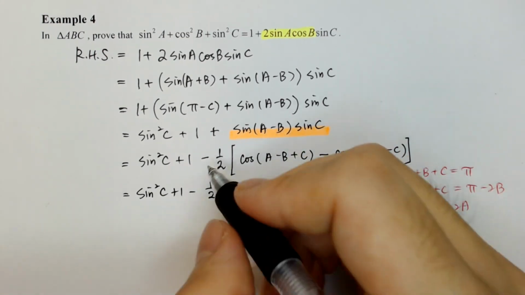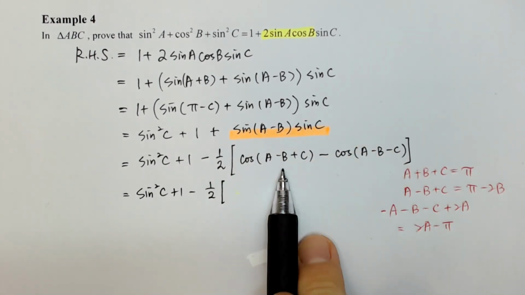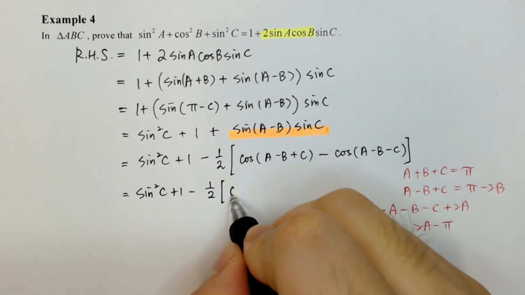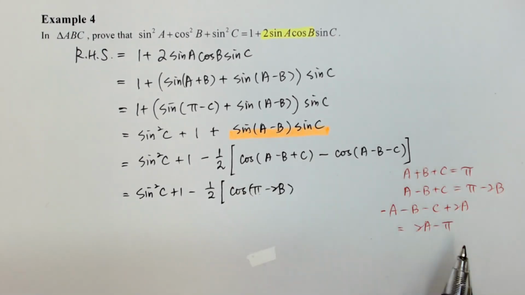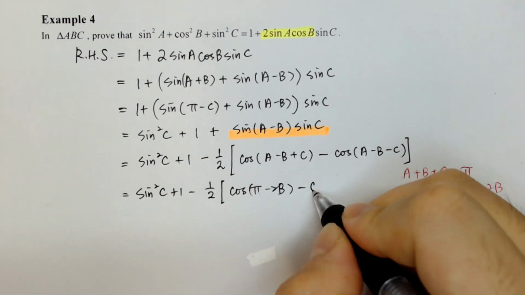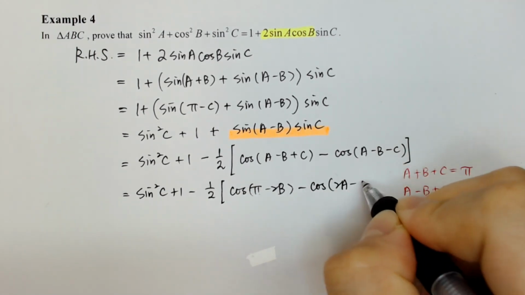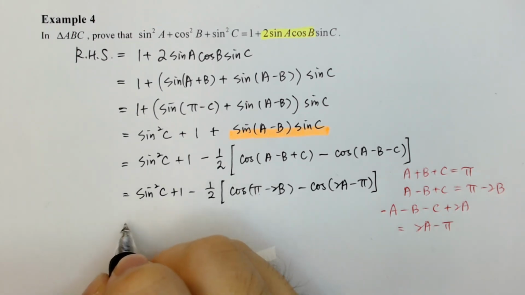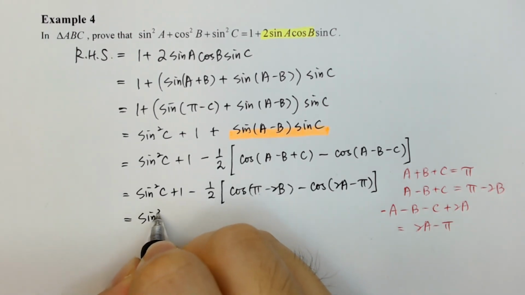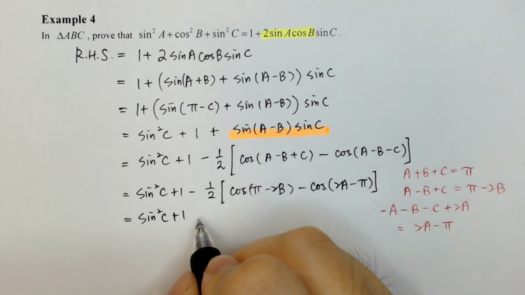So we have A minus B plus C is pi minus 2B. And here, cosine of A minus B minus C is 2A minus pi. Okay, and now we can simplify the angle related to pi like this.